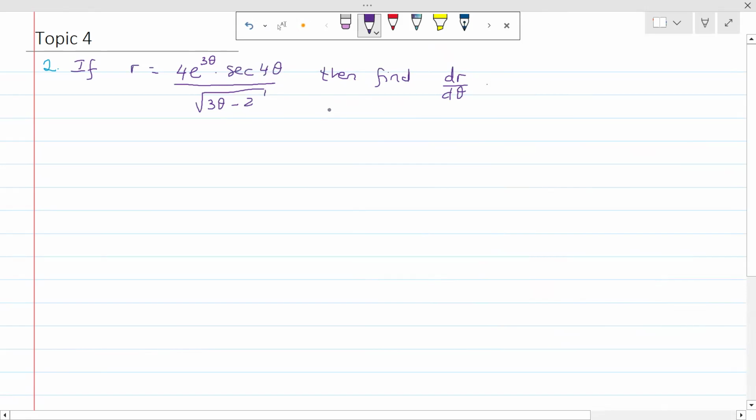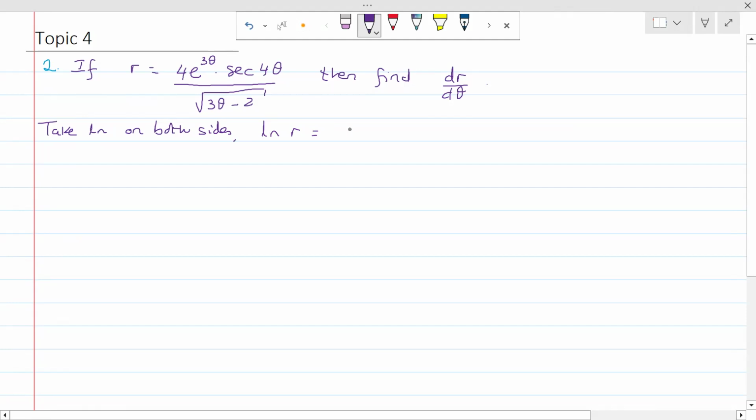So again, here we are going to use logarithmic differentiation. What we do, we take ln on both sides. What do you get? ln r becomes all these now.